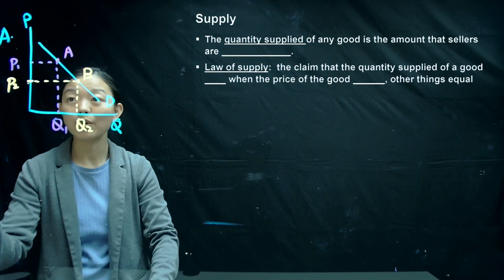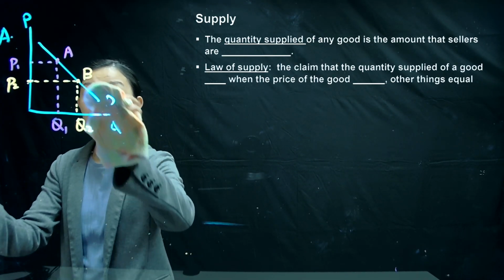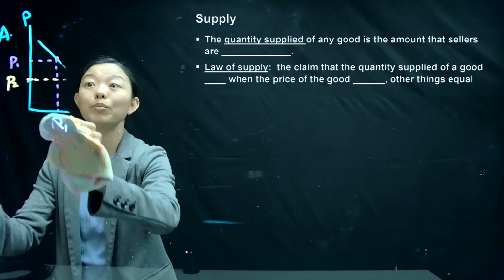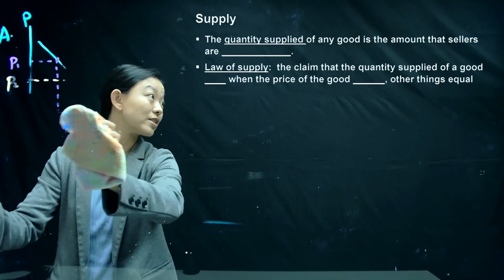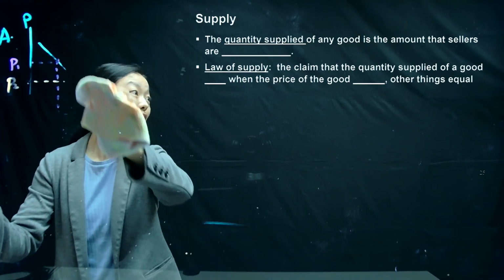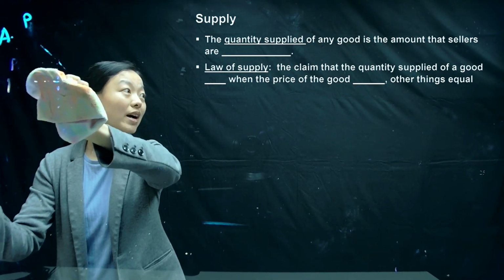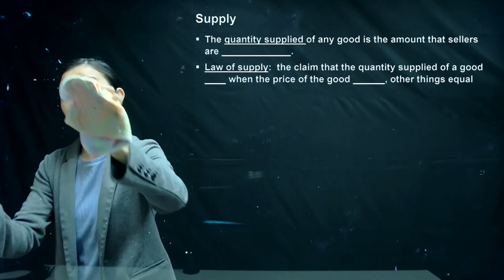The law of supply tells us that when the price of a product becomes higher, sellers would like to offer more of that product, right? So the quantity supplied of the good increases when the price of the good increases, other things being equal.